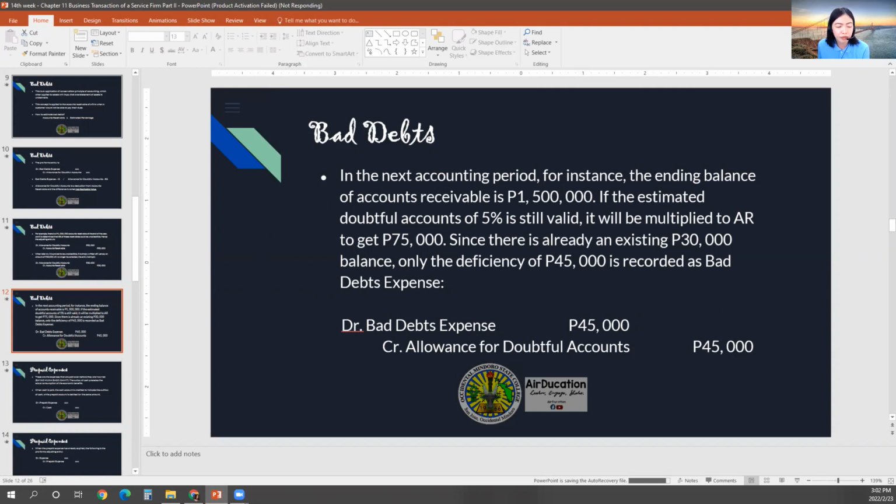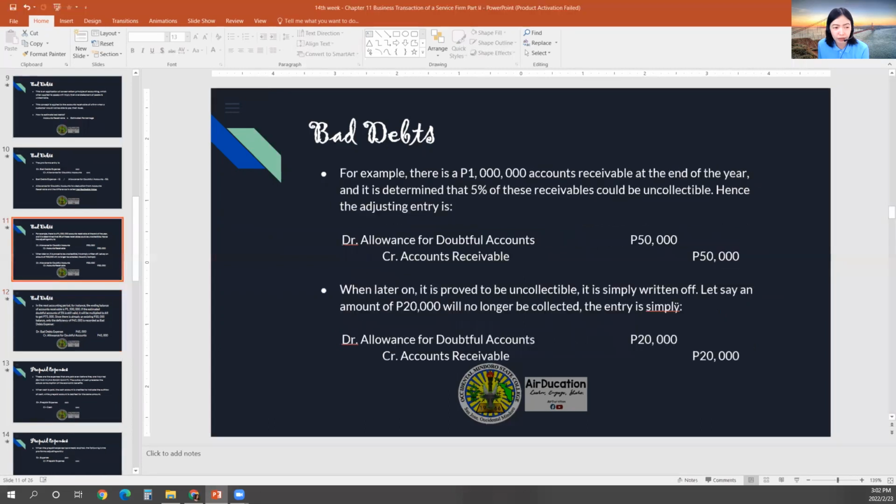Again, if that's the case, if the bad debts is, if you are unsure na hindi talaga marireceive yung account, hindi pa tayo sigurado na talagang hindi siya marireceive, unsure ka pa lang.